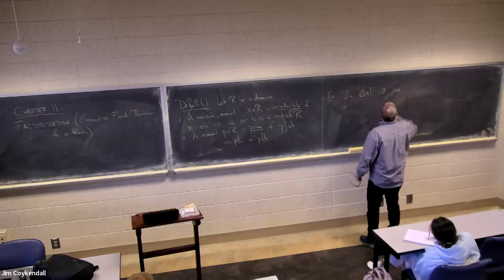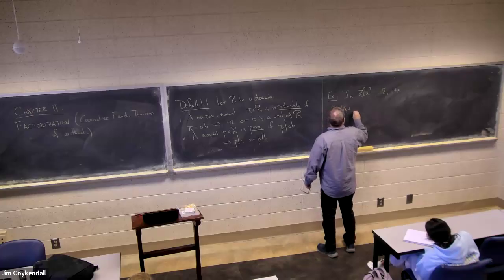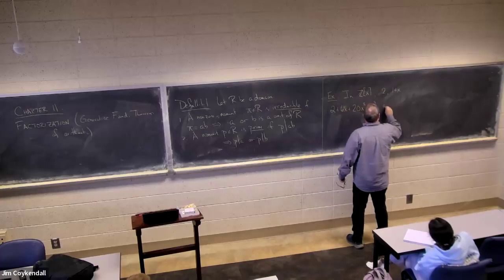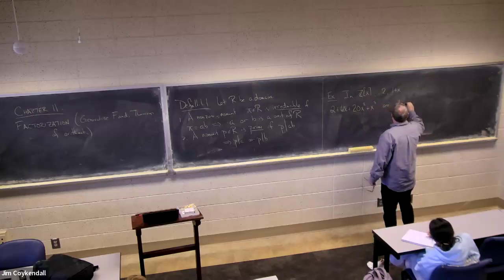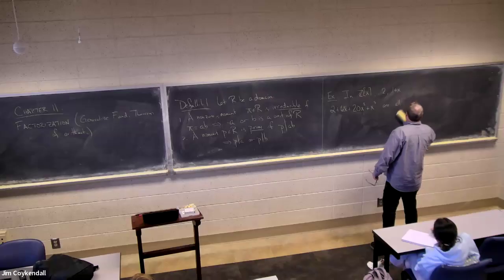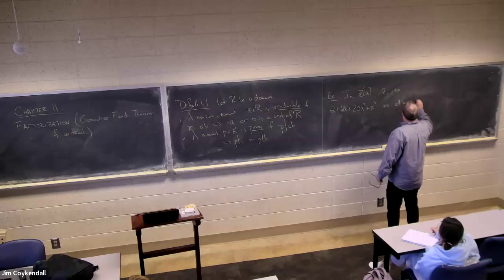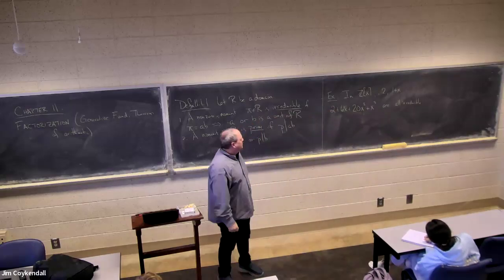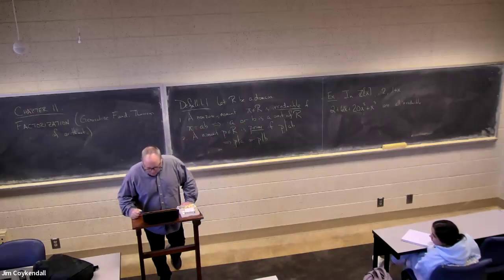Examples: 2, 1 plus x, 2 plus 6x plus 20x squared plus x cubed. These are examples of things that are all irreducible.